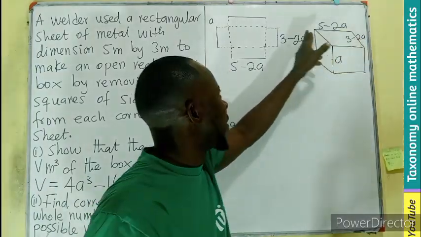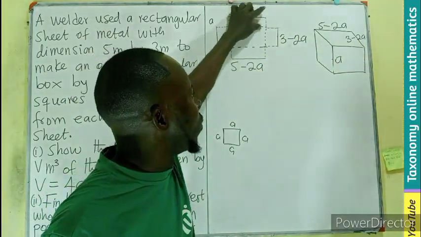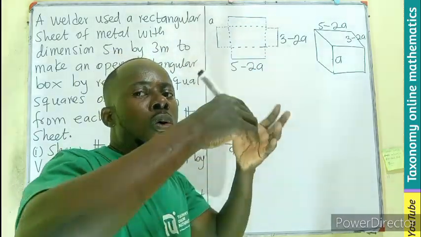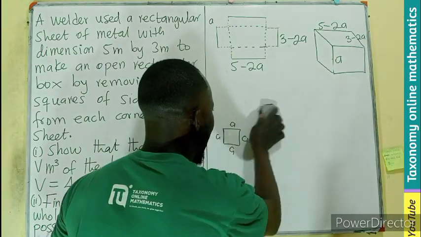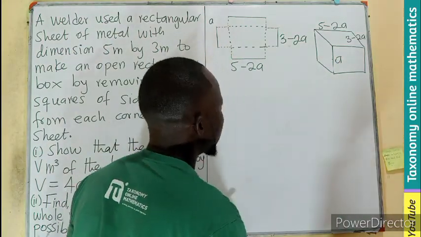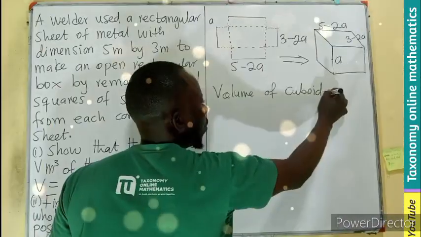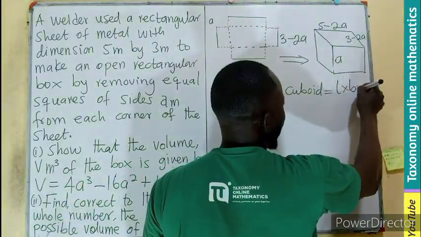The breadth is the one we have here from the rectangle. That's the breadth, the length. Then when you form this, these will meet to be standing to form how tall the box is going to be on the ground. If that is out of the way, we can say that the volume of a cuboid is length times breadth times what?